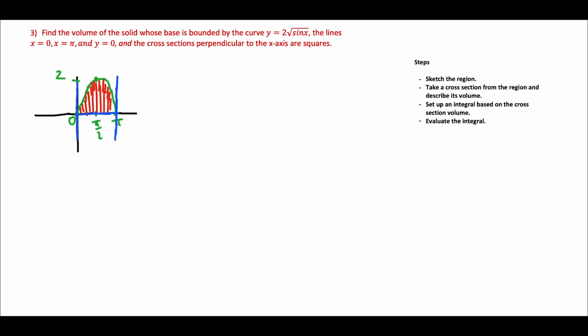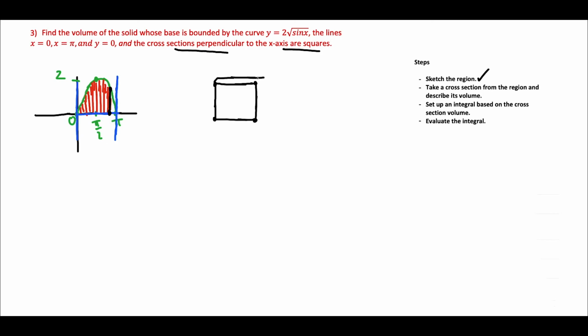And we're taking cross sections perpendicular to the x-axis, and we're going to build them into squares. So this is just telling us how to set up our cross sections. So with our region, we take one of these cross sections here, and we're going to just build them into squares. So then what you want to think about here is how would you describe the length of one of the sides of this square?